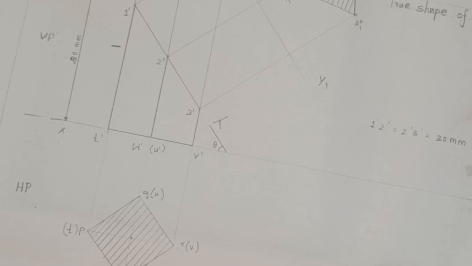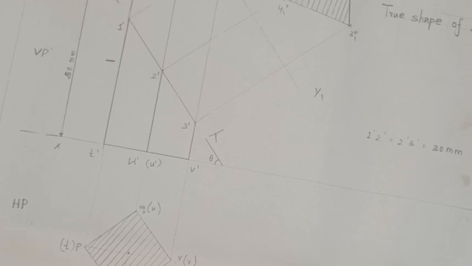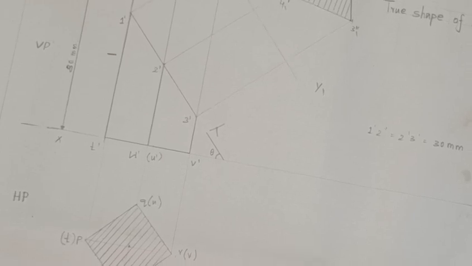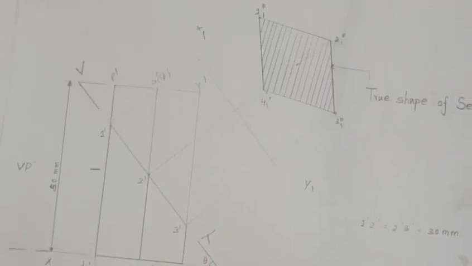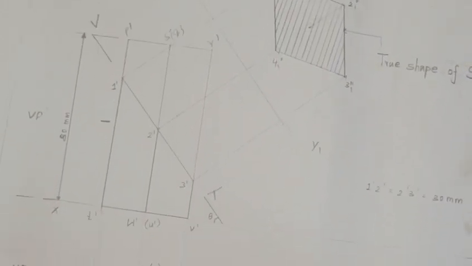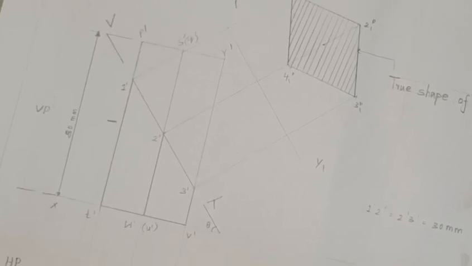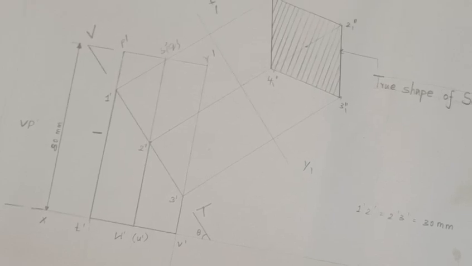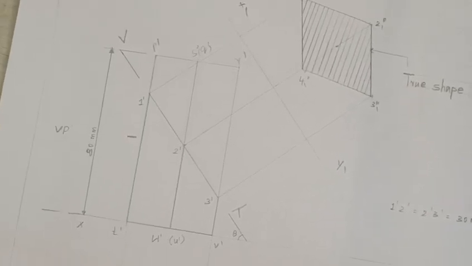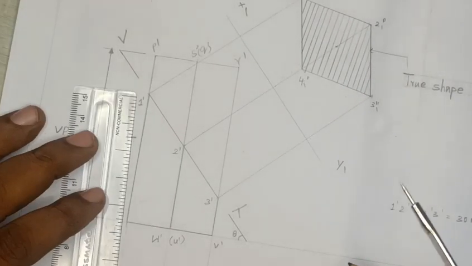Next, draw the front view portion. The height value is 80 mm. Draw a straight line and mark all the points at the height of 80 mm.